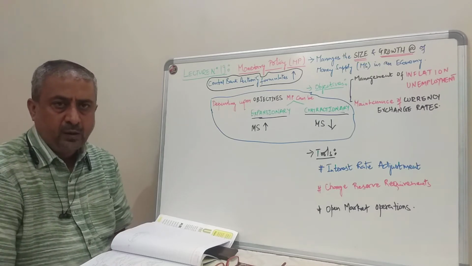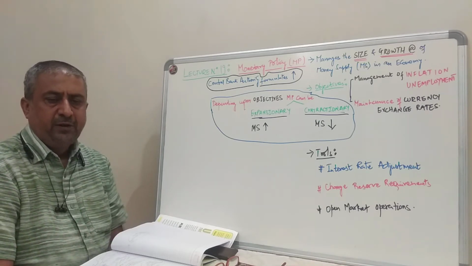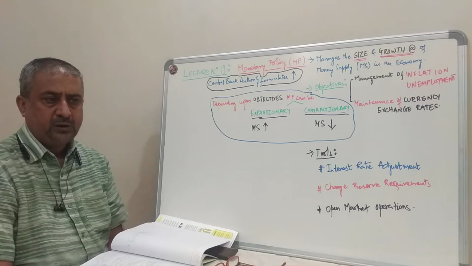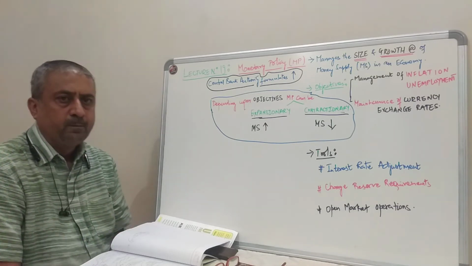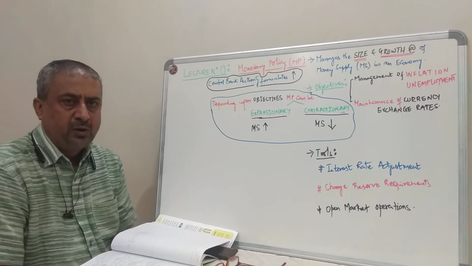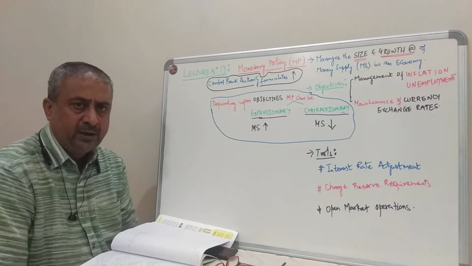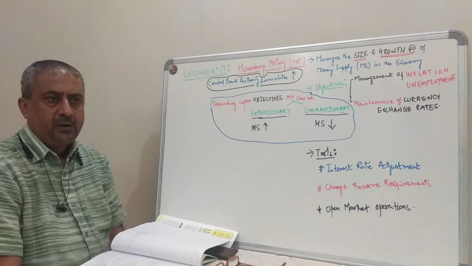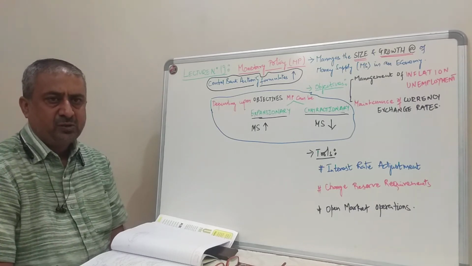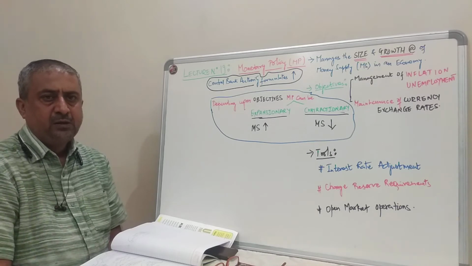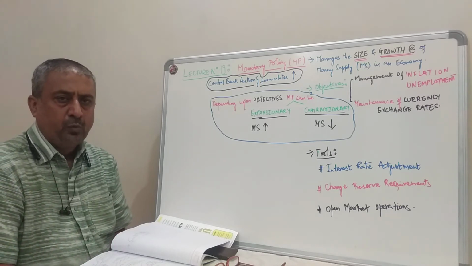How? Now, what is inflation? Inflation is more money chasing few goods. Why is there more money? Because the interest rates have come crashing down. That is why there is ample money available with the public to spend. What do you do to control it? You increase the interest rates so that there is less money available for spending with the public.